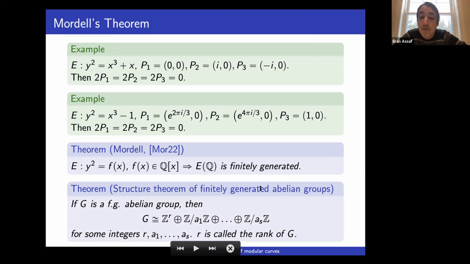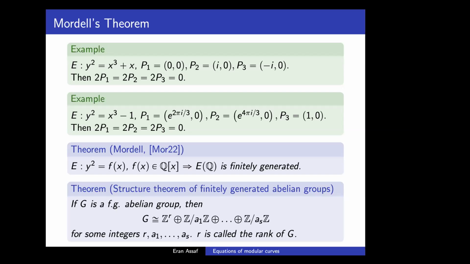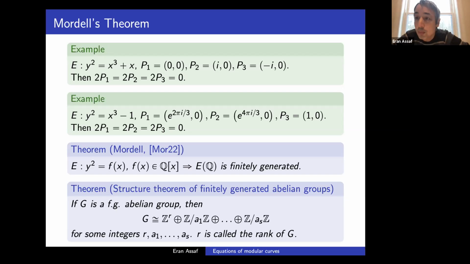That is, we have a theorem that classifies all such abelian groups. So we have a rank and some torsion part of this abelian group. And that's what we want to understand in general, to understand the structure of the abelian group.